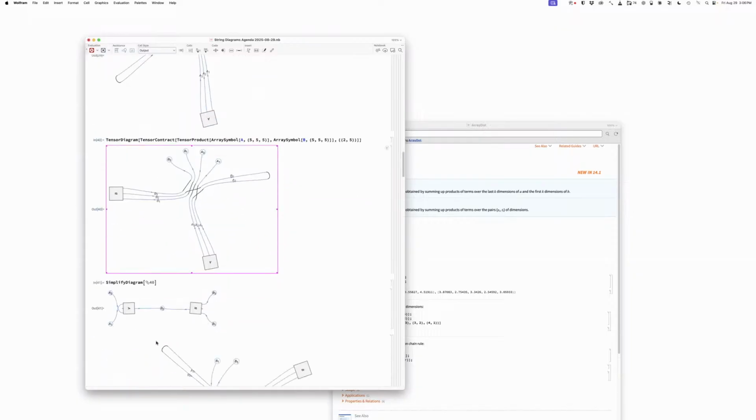So then it's a simplified diagram, and presumably we can take that simplified diagram and say diagram tensor, and we get that. That makes sense, Roger?